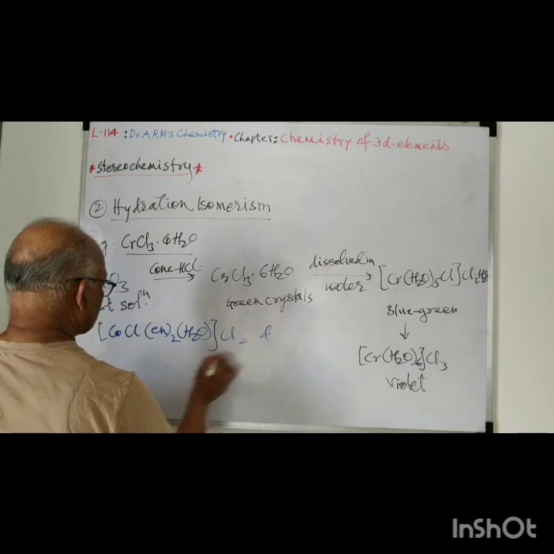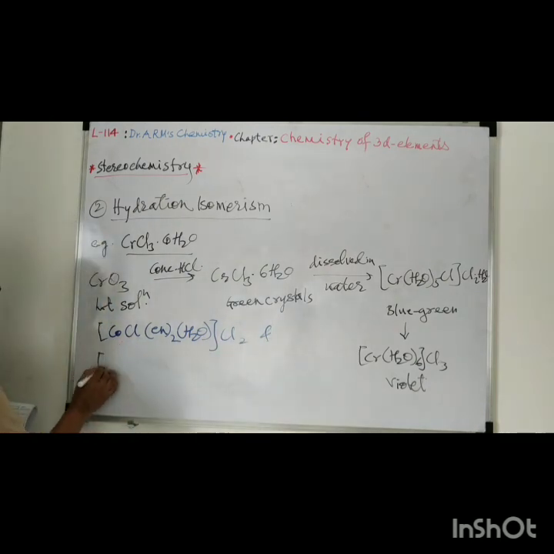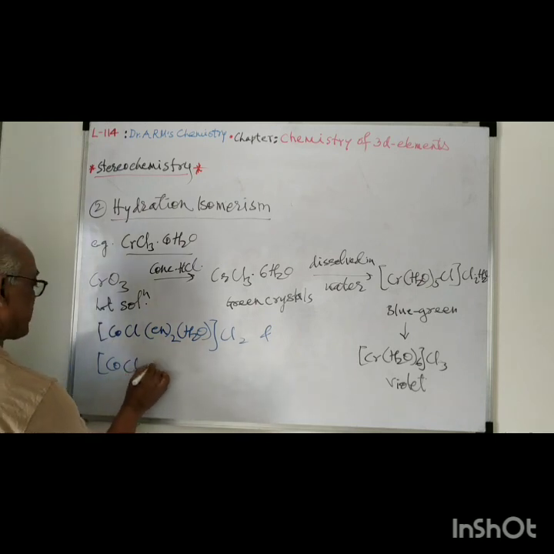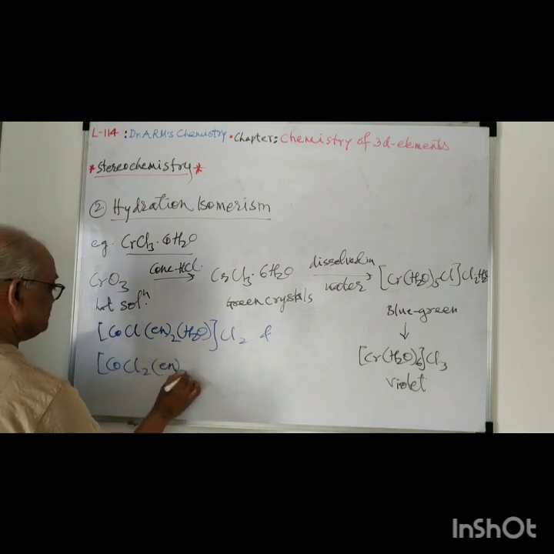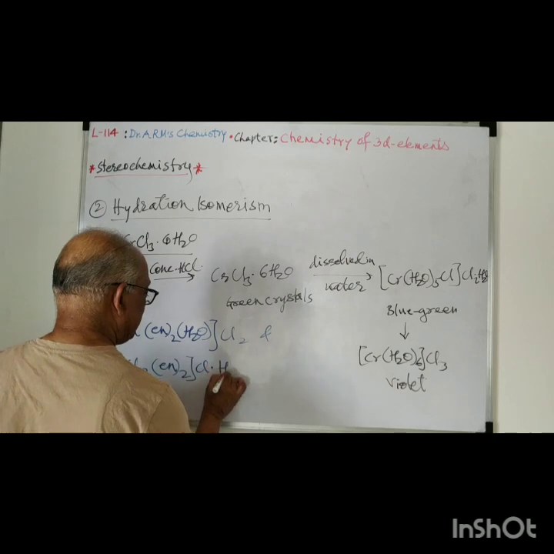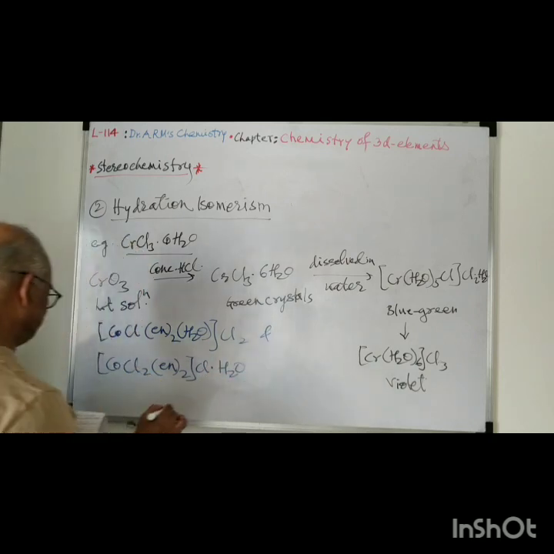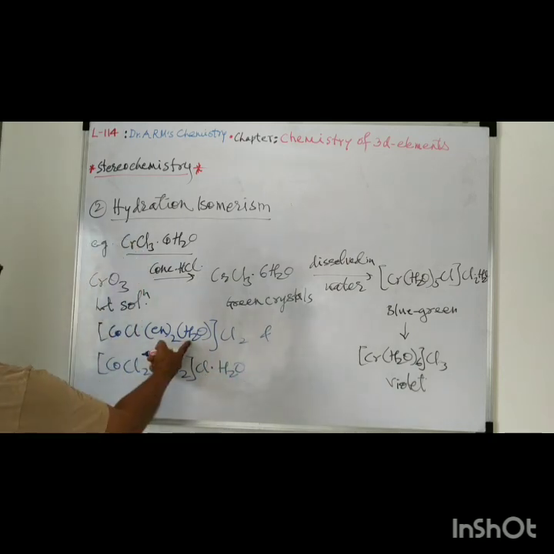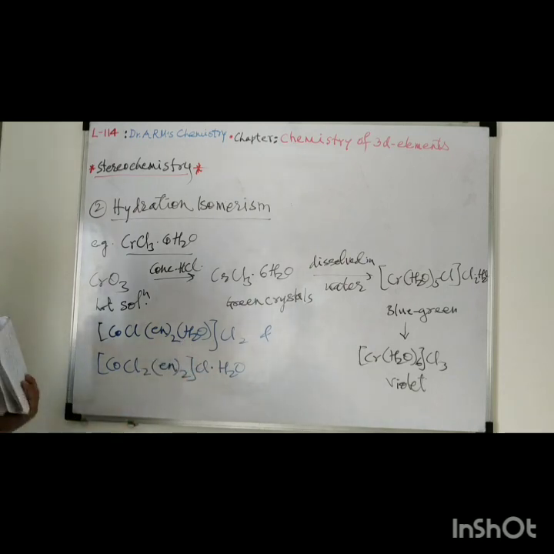This is one isomer, and its other isomer is [CoCl2(en)2]Cl·H2O, where the ionization sphere contains Cl and the water of crystallization. So the water ligand moves out into the ionization sphere.